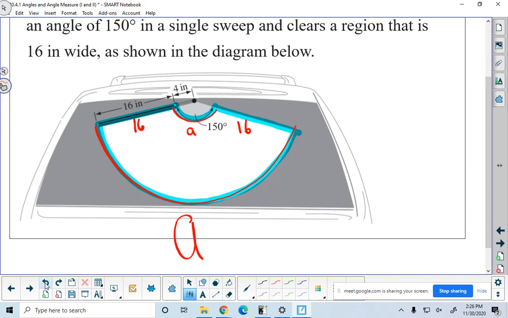So we have to find those 2 arc lengths, add them together, and add 16 and 16, which means we're going to be doing 2 arc length calculations. One of the arc length calculations will be A equals the radius times theta. The other arc length calculation will be the radius times theta. Theta is the same in both cases, but the radius is bigger for the bigger arc length. The radius for the bigger arc length is 20.